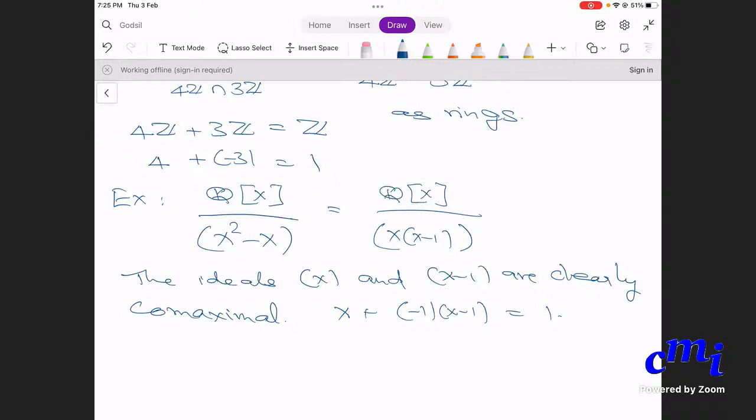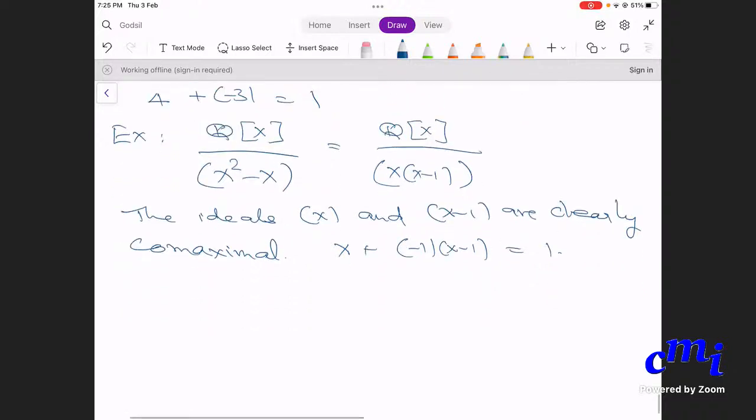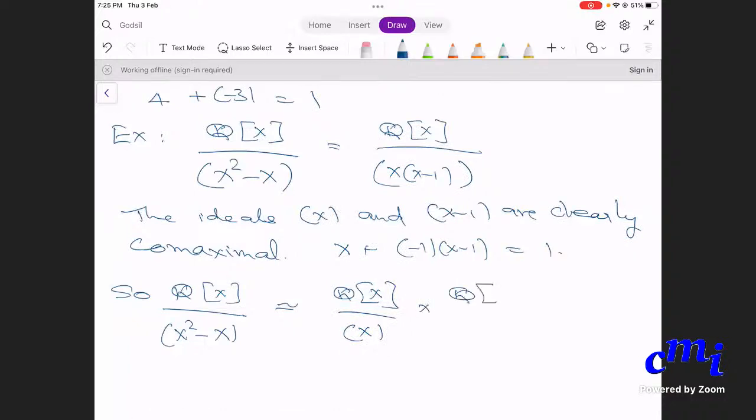So these two ideals are co-maximal, and hence Q[x] mod x squared minus x is isomorphic to Q[x] mod the ideal generated by x cross Q[x] mod the ideal generated by x minus 1. This certainly is a consequence of the Chinese remainder theorem.